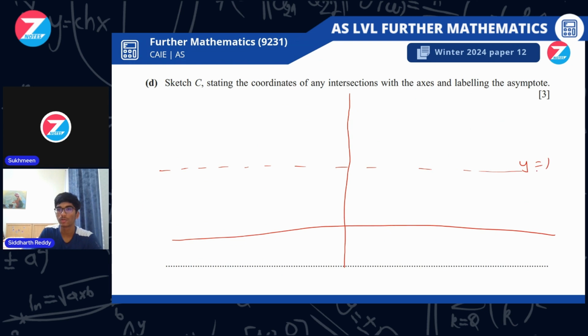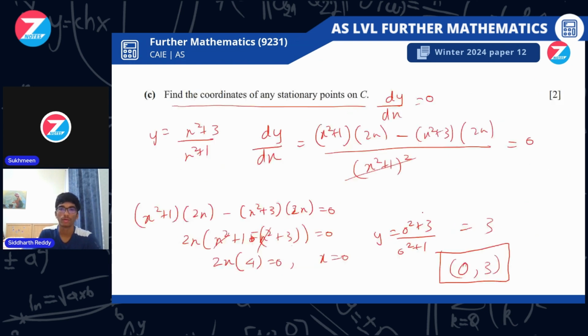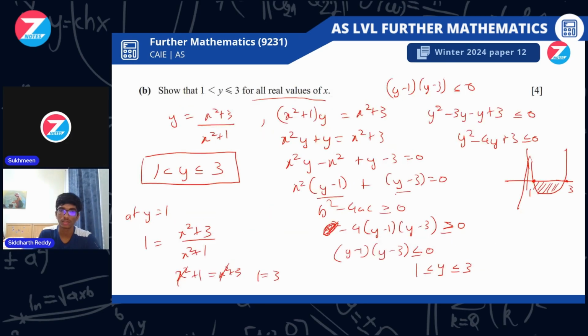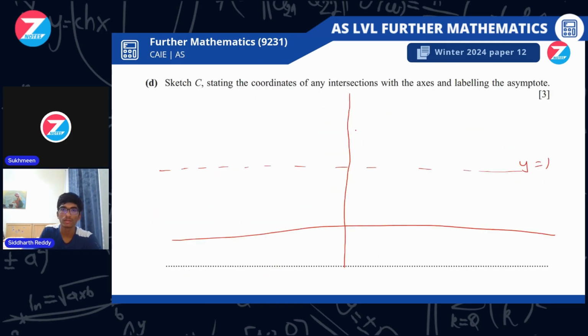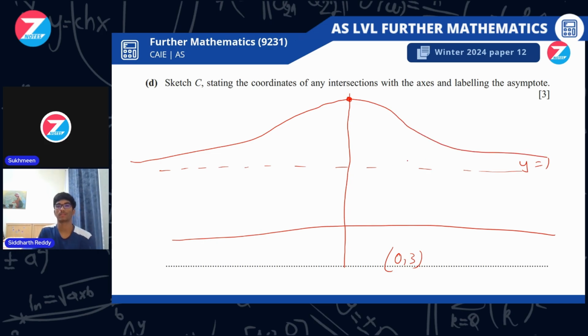And we found one stationary point also, which is 0, comma 3. So it's somewhere over here. By the way, it's also an intersection of the axis, so we can note that over here, 0, comma 3. So this function would look something like this. So it never crosses the asymptote.